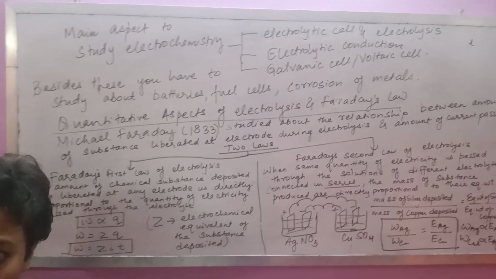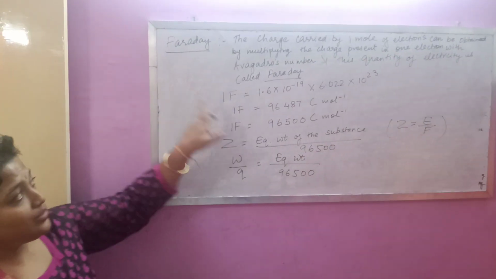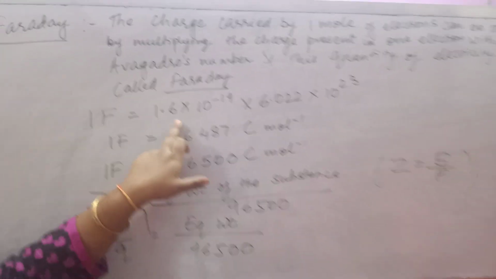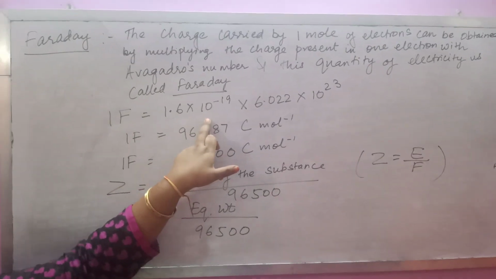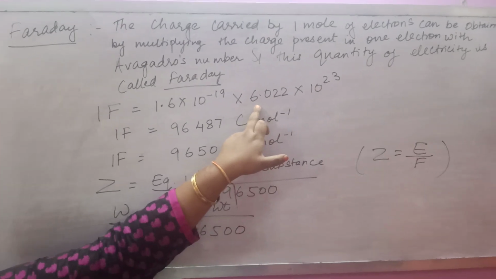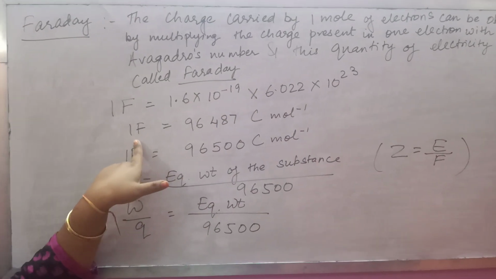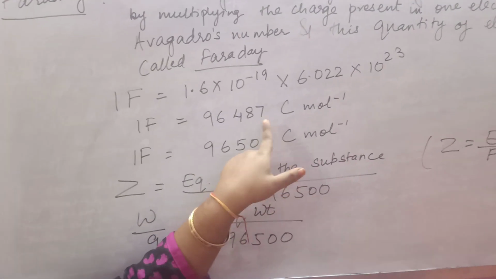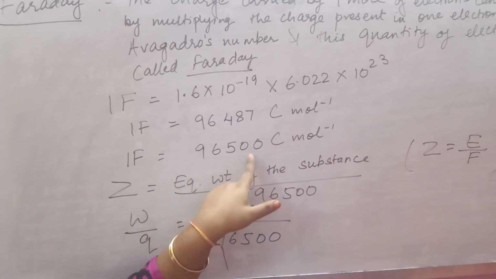Now come to the next point. What is Faraday? See, 1 Faraday is the amount of charge. That means the charge of an electron, 1.6 into 10 to the power minus 19, multiplied by Avogadro's number gives the value of Faraday in coulomb per mole, that is 96487, but we round it off to 96500 coulomb.